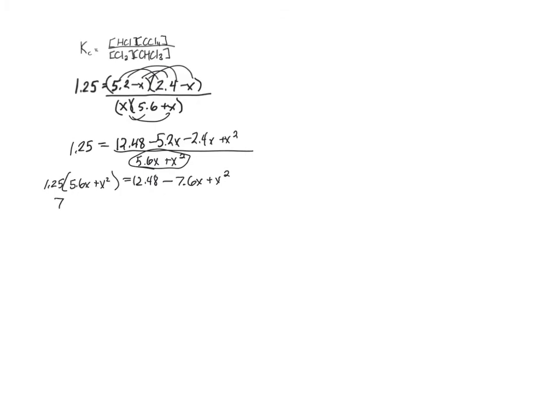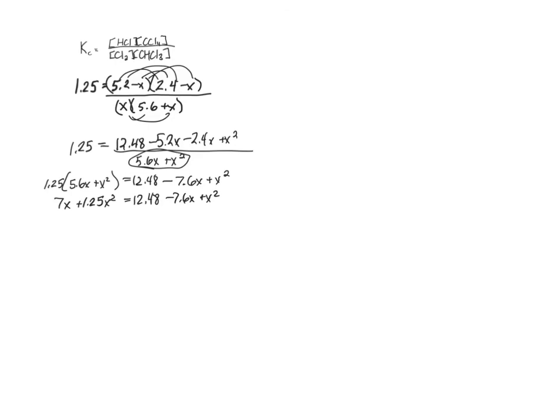Now notice I just write 7, but that's because it's equal to exactly 7. Now, if there were some decimals after that value, I want to make sure that I keep them. Don't round your intermediate values too early. It'll take precision away from your final answer. But this happens to be exactly 7, and I'm just going to write it as that, plus 1.25 x squared is equal to 12.48 minus 7.6x plus x squared.